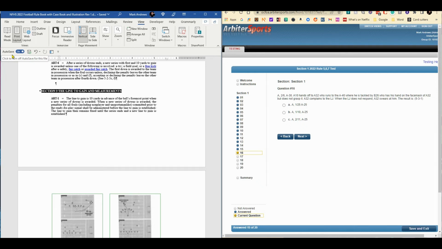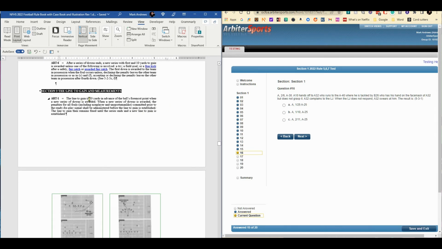So the question here is, where do we spot it? What down is it? And so on. 5-3-1 really deals with where the line to gain is established once a penalty is enforced.